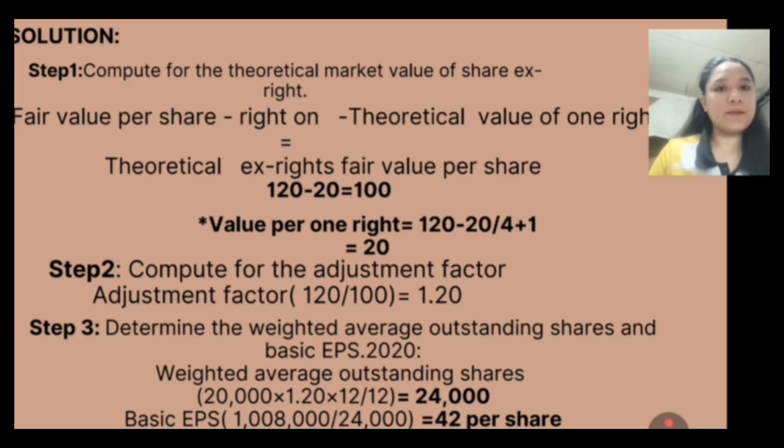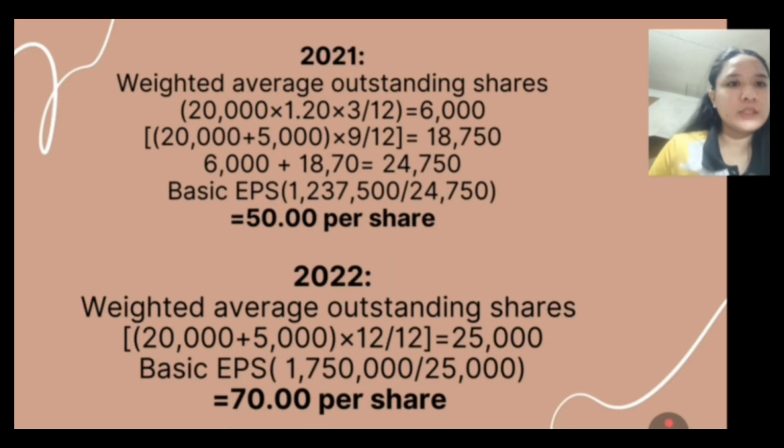And then sa 2021 is the weighted average outstanding shares is 20,000 times 1.20 times 3 divided by 12 is equals to 6,000. And then 20,000 plus 5,000 times 9 divided by 12 is equals to 18,750.